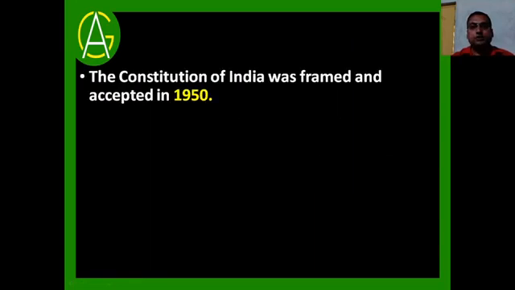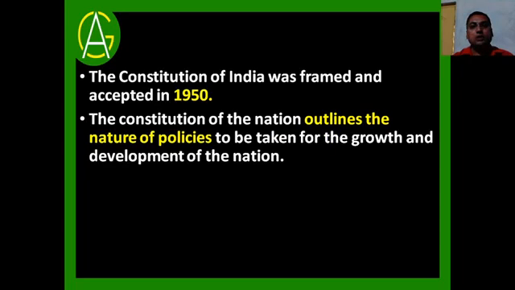Now the Constitution of India was framed and accepted in 1950. The Constitution of India outlines the nature of policies to be taken for the growth and development of the nation. Now the Constitution shows what the government should do in order to develop our nation.